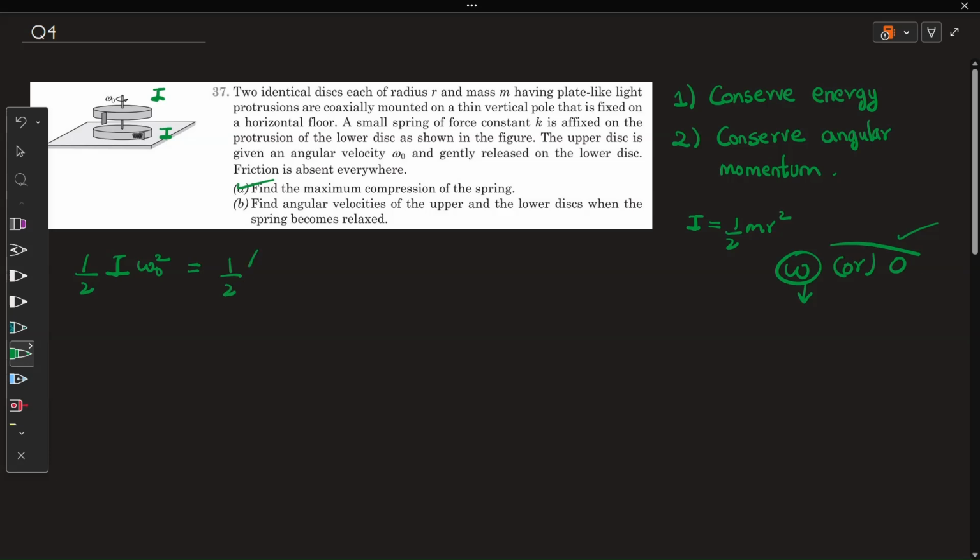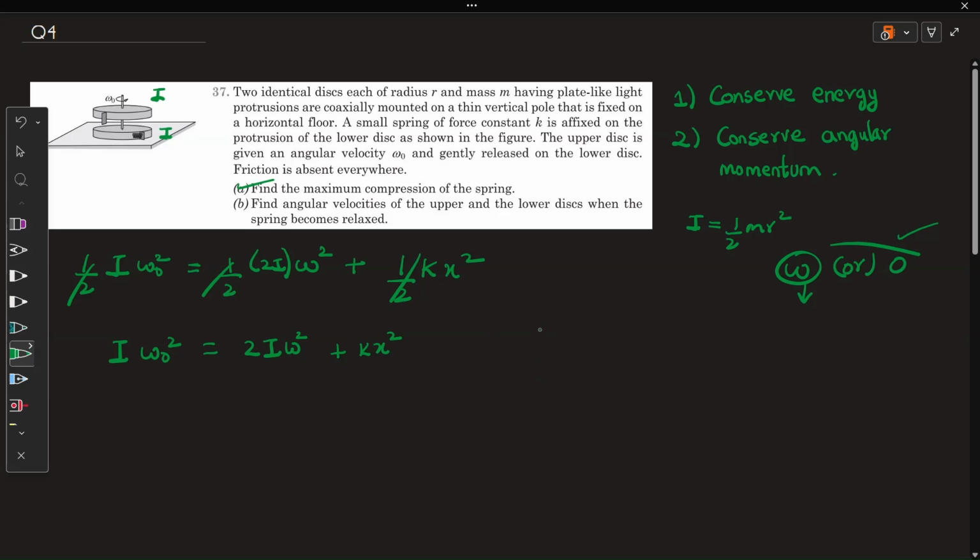So now half into 2I, this combined system is moving with an angular velocity omega, that is the kinetic energy, plus the spring potential energy, half k x squared. If I cancel all the halves, I omega naught square is 2I omega square plus k x square. They are asking for the maximum compression, so we need this omega. Let's conserve the angular momentum.